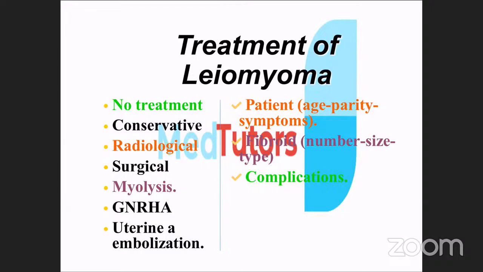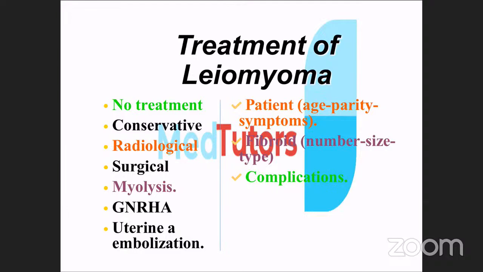Of course, surgery. Surgical management can be uterine sparing or radical. Uterine conserving surgeries for fibroids include polypectomy for removal of cervical fibroid polyp, myomectomy for removal of any other type of fibroid.